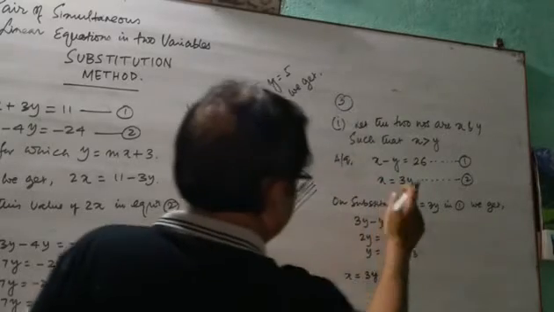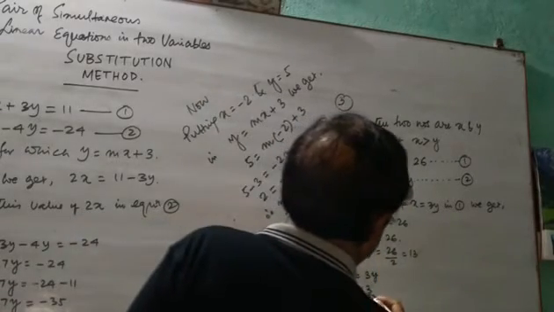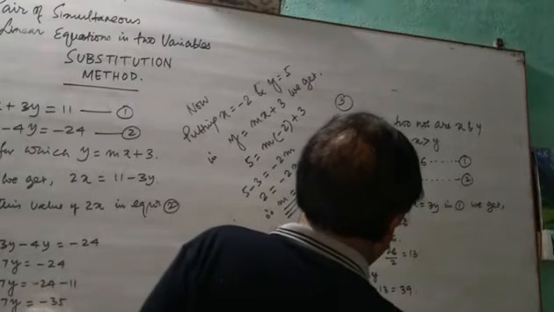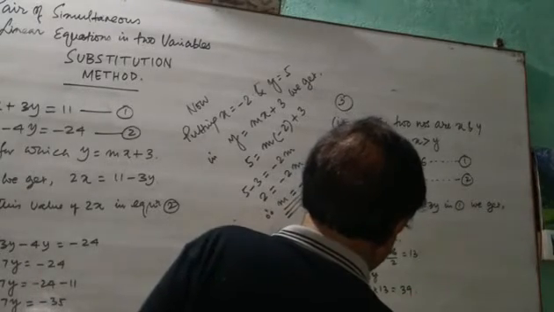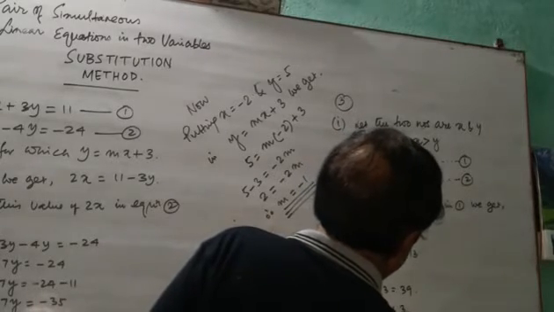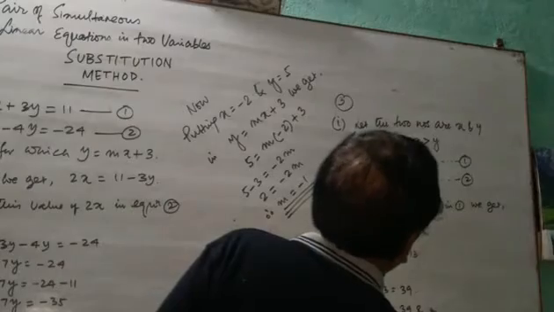We will write 3 into 13, how much? 39. So therefore the numbers are 39 and 13.